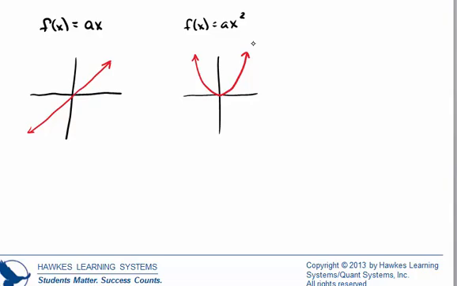So what we now want to consider is what happens when we increase the exponent, when our function becomes ax to the third or ax to the fourth. We actually have two cases that we want to consider. One case is where the exponent is odd. All right, so that's what we're seeing right here on this first case. So let's talk in a little more detail about that first case.